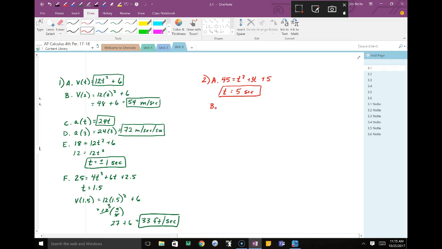B. How fast is the balloon rising at time 1? Okay. How fast is it rising is a velocity. Yep. So first we have to figure out what the velocity is. 2t plus 3, agreed. And how fast is it rising at 1 second? We'll throw that in. 5.